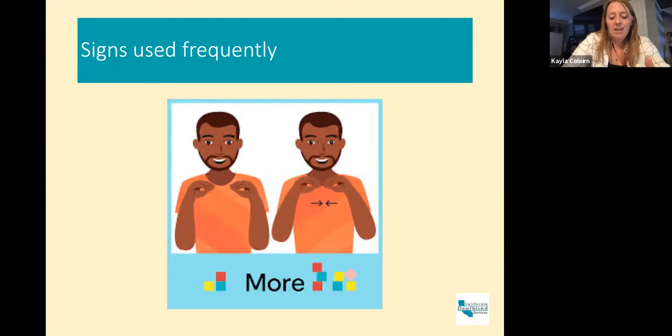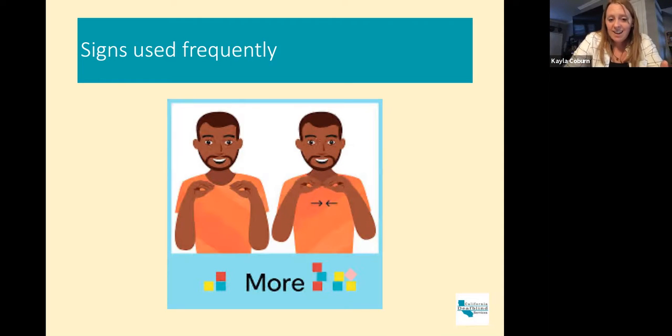It'll be a little bit slower at first, but you're really teaching the child from the get-go that when they sign more, they get it back. Depending on the child, you're going to repeat this for a while. You'll take the toys and then say, "Oh, do you want more? Let's sign more." Have them sign it and then give the toys back.